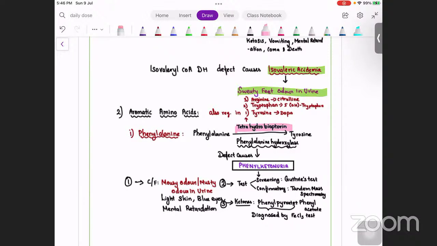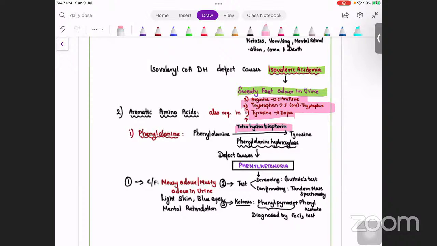Tetrahydrobiopterin is also required in tyrosine to dopa conversion, tryptophan to 5-hydroxytryptophan conversion, and arginine to citrulline conversion. So all of them require this tetrahydrobiopterin.